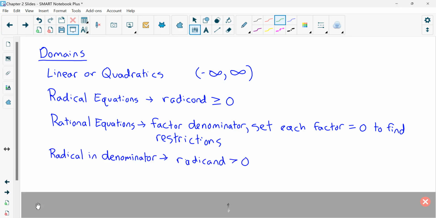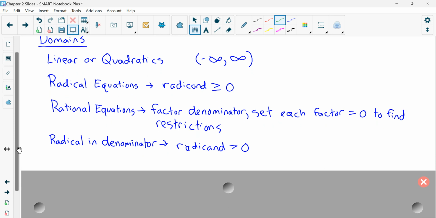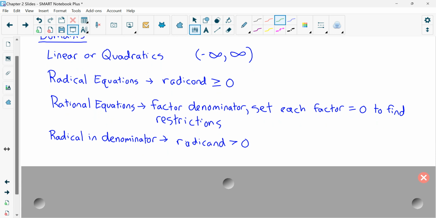And last, if we have a radical in the denominator, then we just set the radicand greater than 0, because it's in the denominator, it can't equal 0. So that's the difference between the radical equations we had in the second line versus the radical in the denominator.